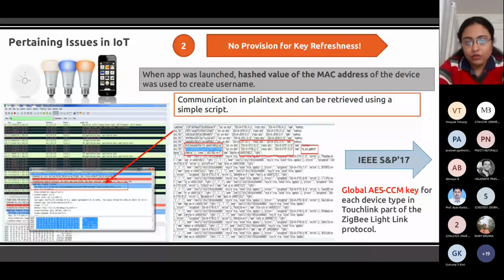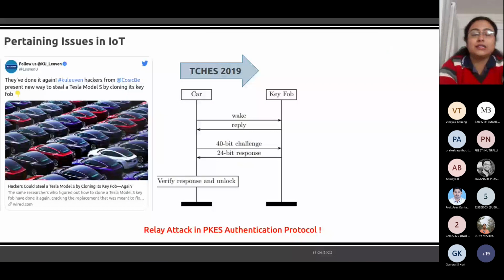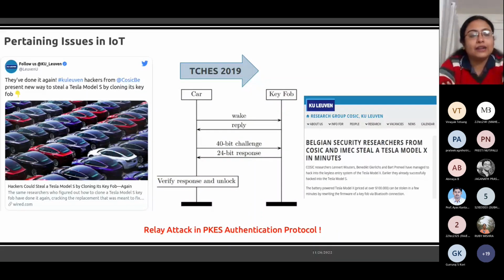Now, the third point is that everybody is very excited about the Tesla car. They're making cars which will be automated; you do not need to even drive the car. A few researchers at TU Leuven found out that both the Model S and Model X of Tesla have a very bad authentication protocol.